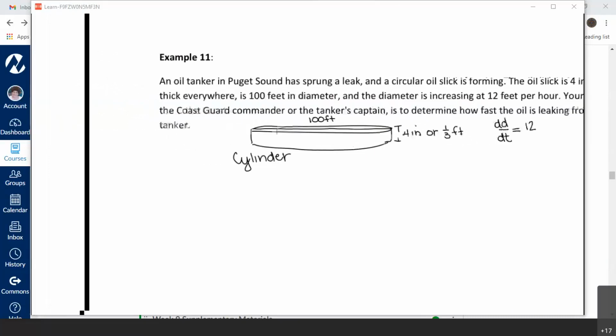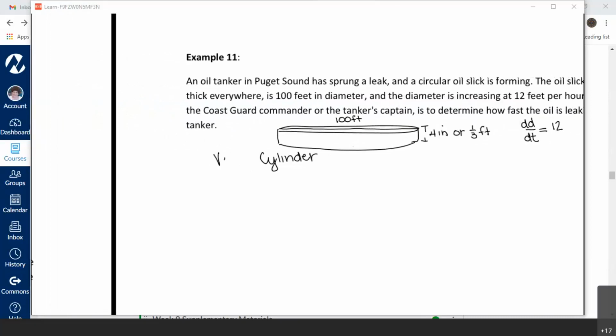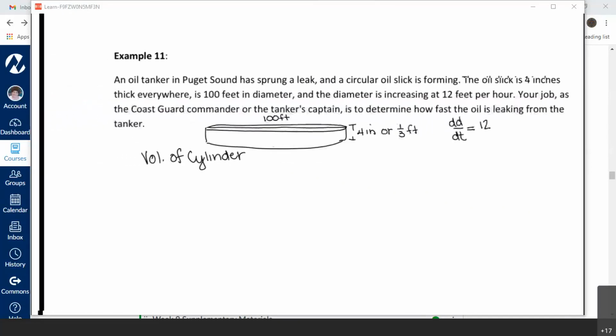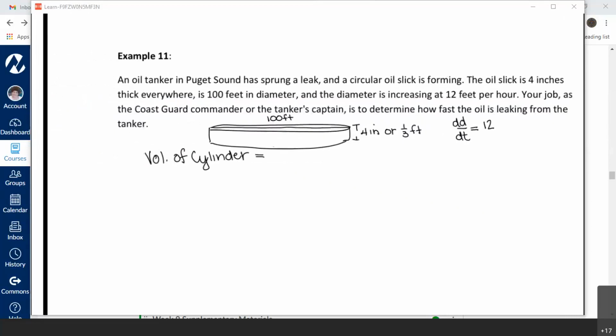Okay, so what you want to think of is I have a cylinder. And what I need to figure out is the volume of it. Okay, the volume, and what they're saying is you're assuming whatever's leaking out of the tanker is winding up in the oil slick. So you've got a volume of the cylinder, which is, again, its area of the base times the height.